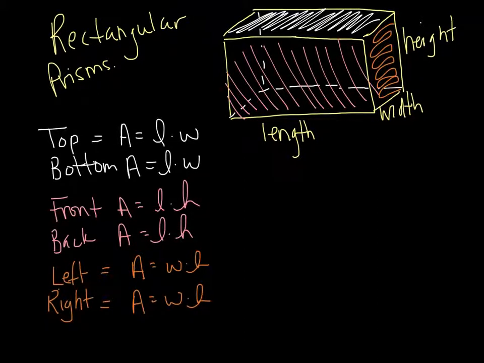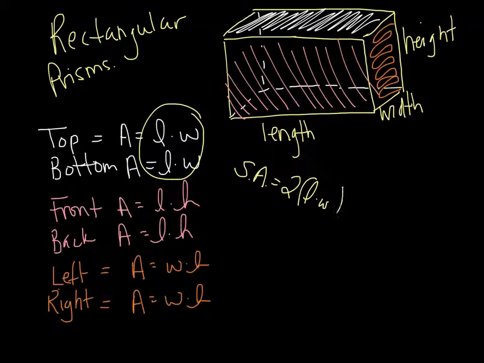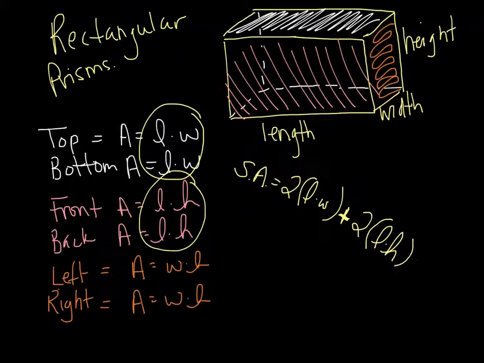So we want to find the total surface area. I'm going to write at a little bit of an angle so that I can fit my rule in completely. But let's start with the top and the bottom, and I see that I have 2 lengths multiplied by width, which is going to be the area of the top, multiplied by 2 so that we include the area of the bottom as well. And to that, for the total, we're going to add the front and the back, which is 2 multiplied by length and height.